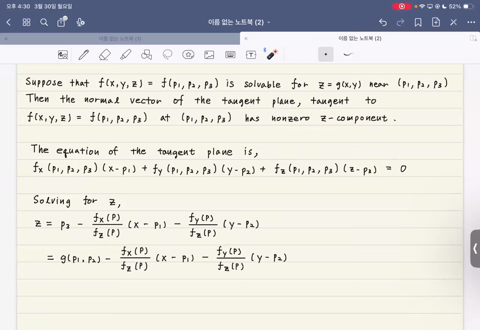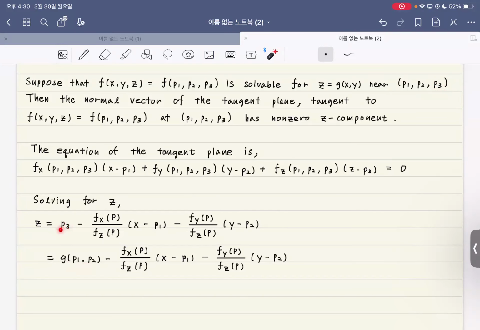Also you have to be aware that this number p3 is actually g of p1, p2, right?